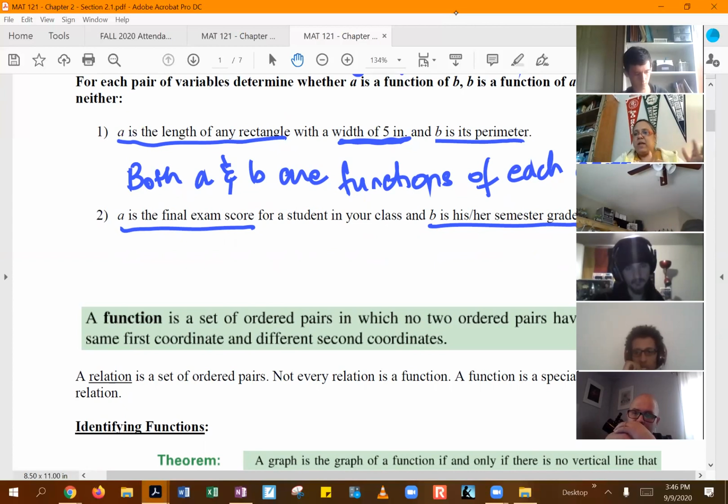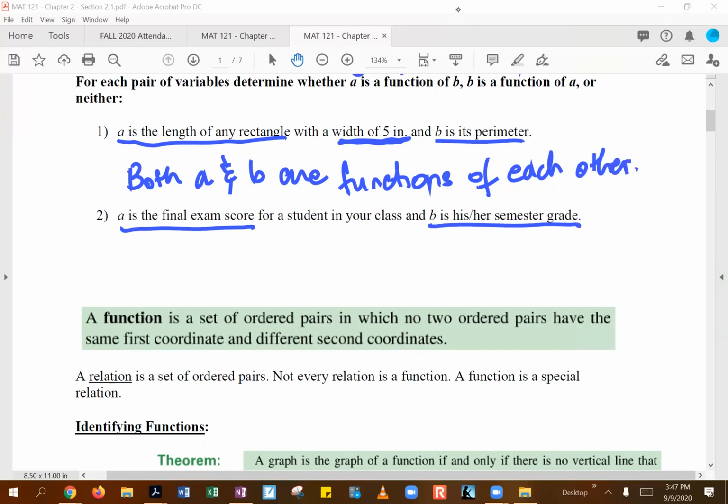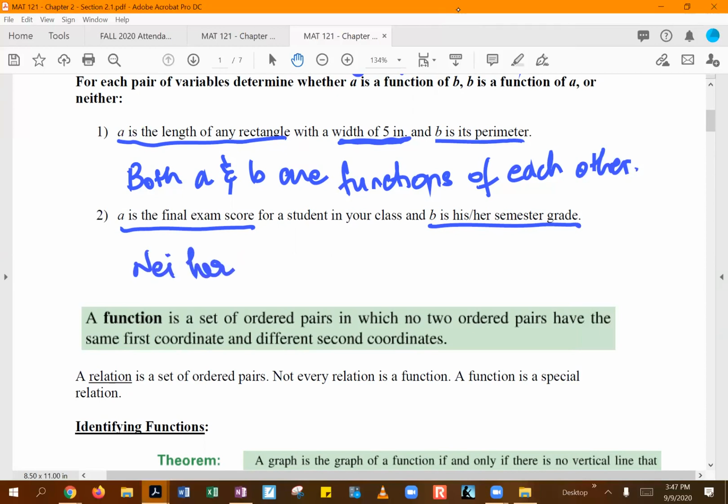Because obviously they could have different scores. And in the same sense, if 4 students had the same final exam score, does that necessarily mean they will have the same semester grade? So yeah, we don't have enough information, but that idea of repetition is definitely very possible in an example like this. So in this case, they are definitely not going to be functions of each other.